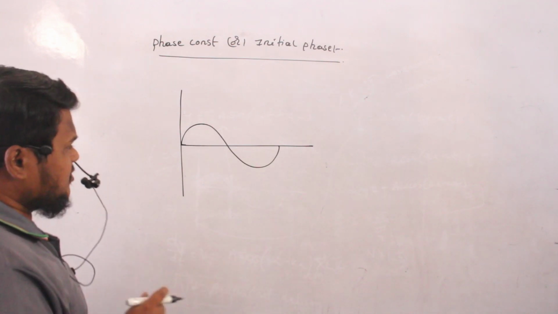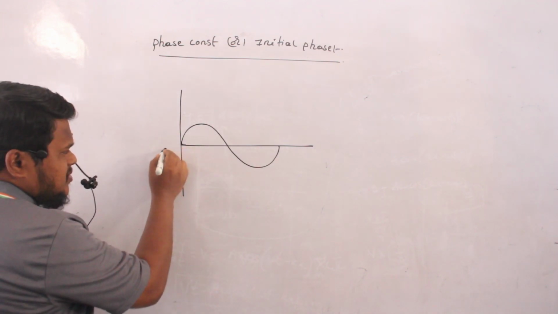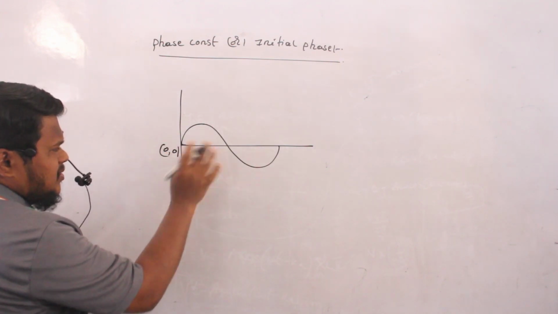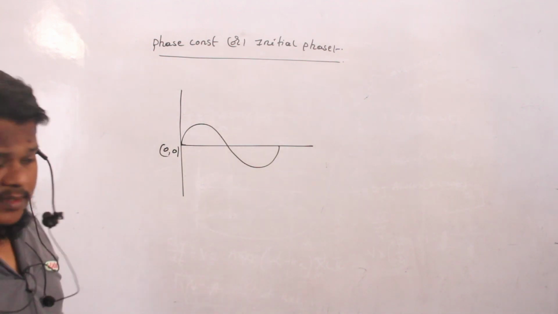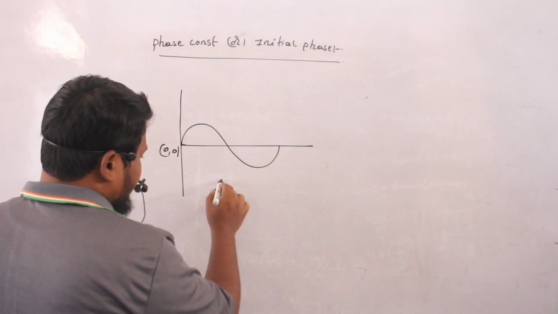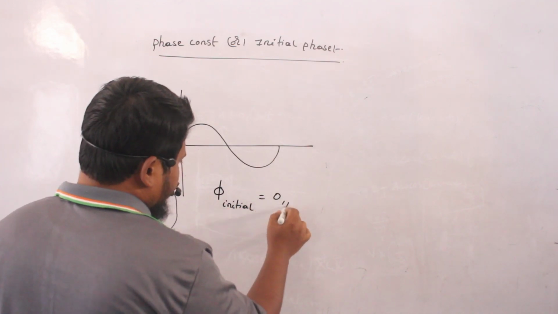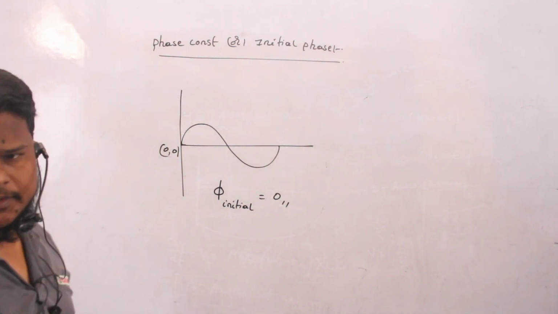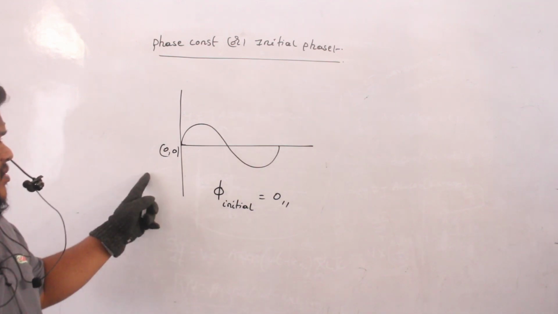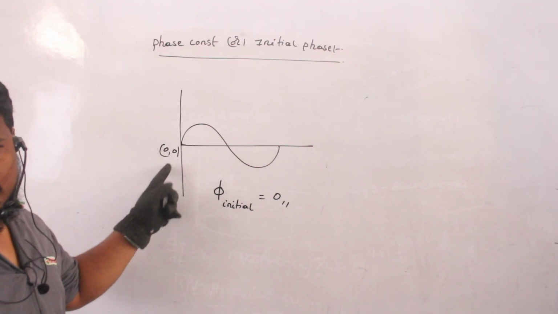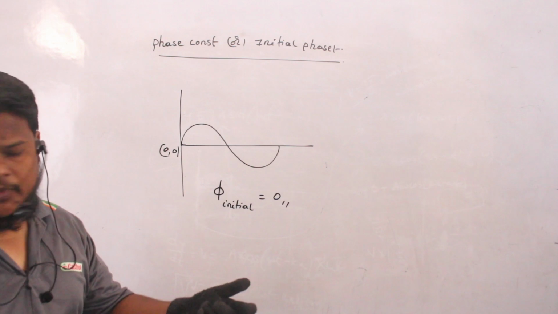So let us see this wave. At this origin, that is at reference 0, 0, the particle is present at the mean position. Clear? So here I can write the initial phase of the particle is 0, because the particle is present at the mean position and there is no phase for this particle.